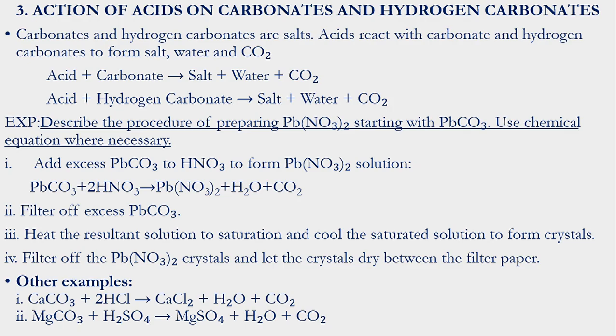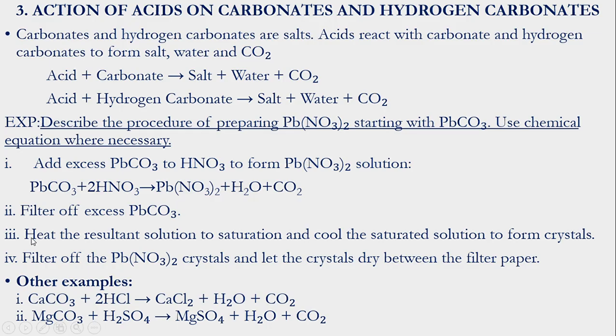So when we react lead carbonate and nitric acid, we are going to get lead nitrate, water, and carbon dioxide. Lead nitrate is soluble in water, so we are going to filter off the excess lead carbonate. So we are going to obtain lead carbonate as the residue and lead nitrate as the filtrate.